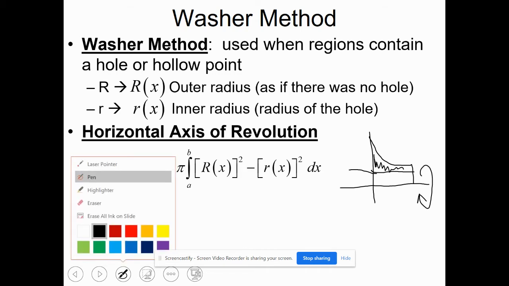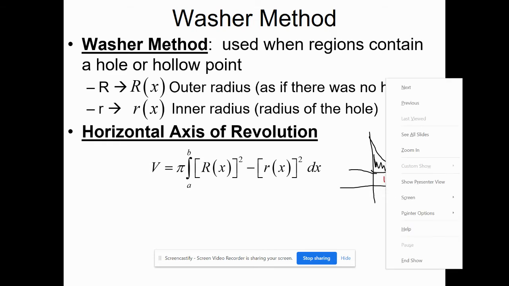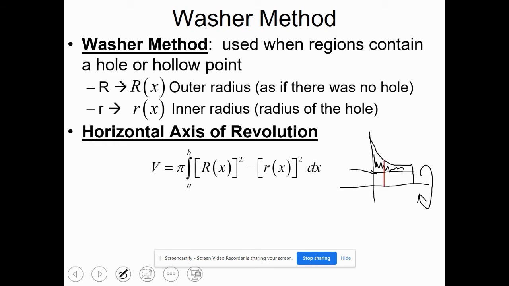When you draw your radii, your big radius is going to go from your axis all the way to the end of the shape. And then your small radius, which I'm going to do in a different color, is going to be here. I like to use two different color pens and pencils when I do this so I can show that big radius and that small radius when I revolve it.